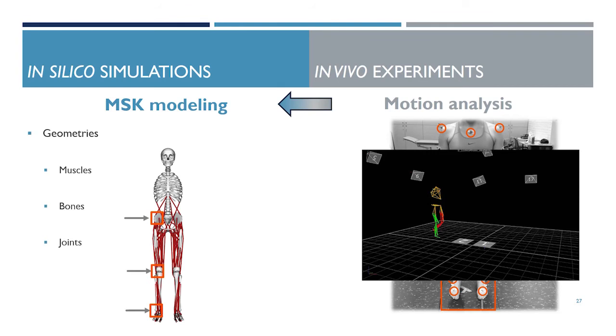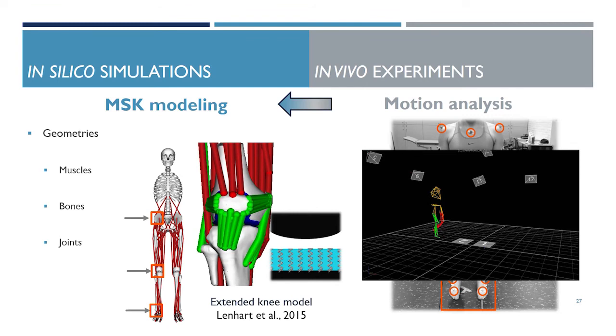A MSK model describes the geometry of the musculoskeletal system, the muscles, bones, and joints defined using imaging methods. When analyzing knee joint loading, we incorporate a complex model that accounts for the multiple degrees of freedom, the different ligaments, as well as the cartilage to cartilage contact.